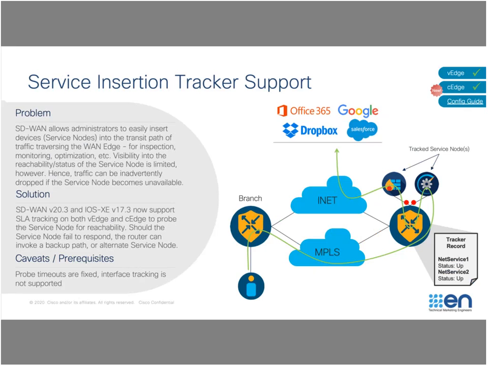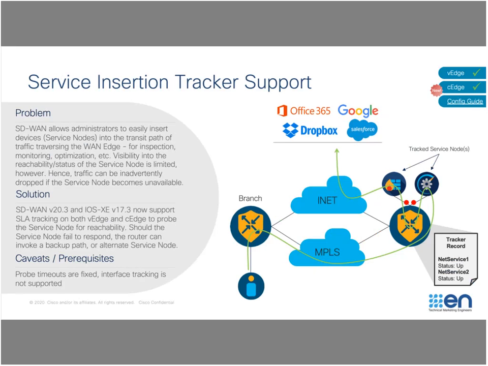Now, the third tracker that we got is similar in functionality, same concept, same ICMP probing and all that stuff. But the difference here is that you might have some customers that are using service insertion. And if you're not familiar with service insertion policies, they're not heavily used at this point, but some customers do use them.